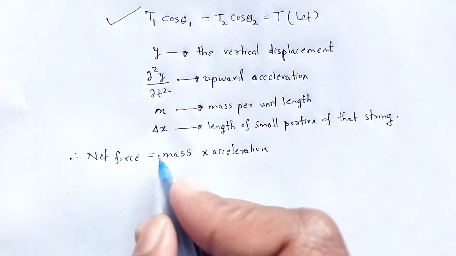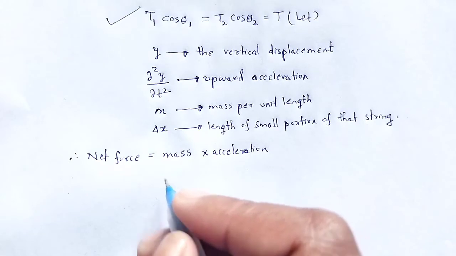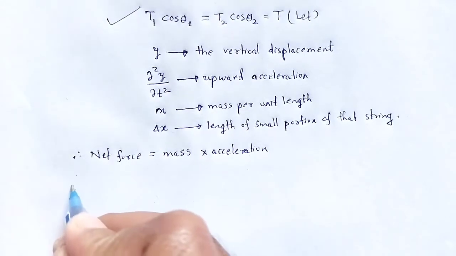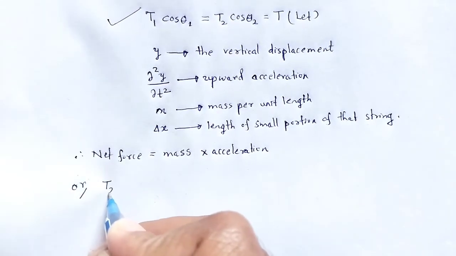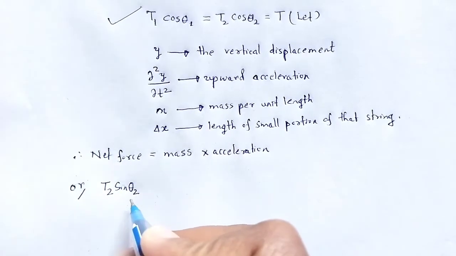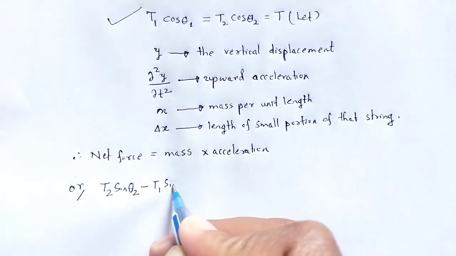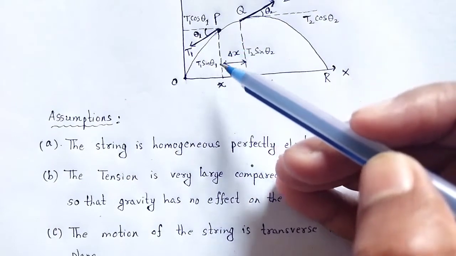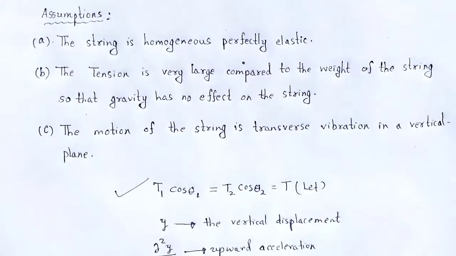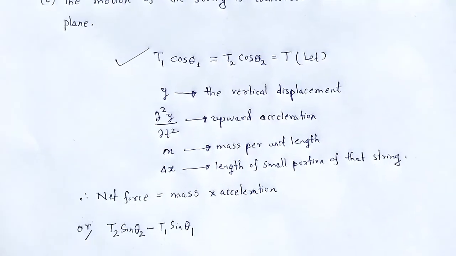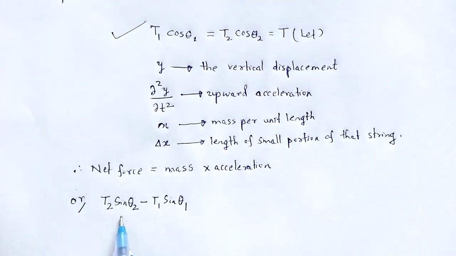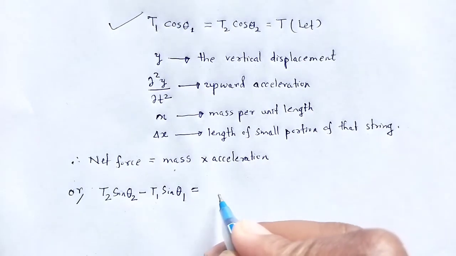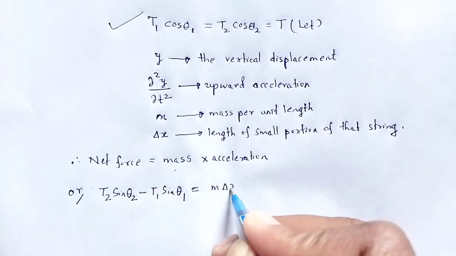Hence, the net force acting in the upward direction will be T2 sin theta 2 minus T1 sin theta 1, the vertical components of the tension. This is equal to the mass, that is m del x.